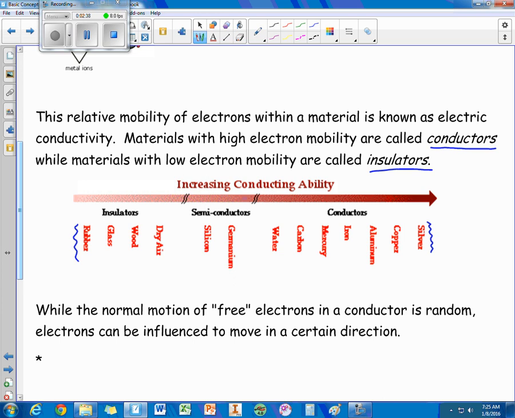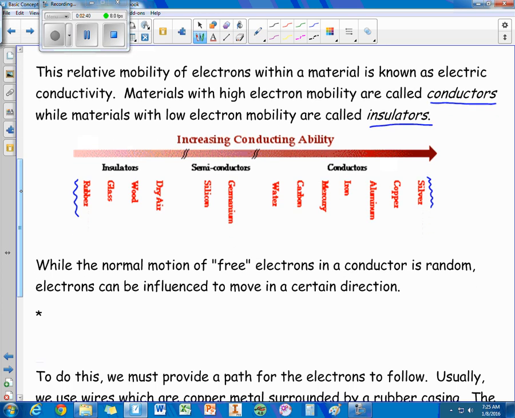It should be noted, though, that glass and dry air, especially at high temperatures, will become conductors. So the electron mobility is also dependent on how high the temperature is.